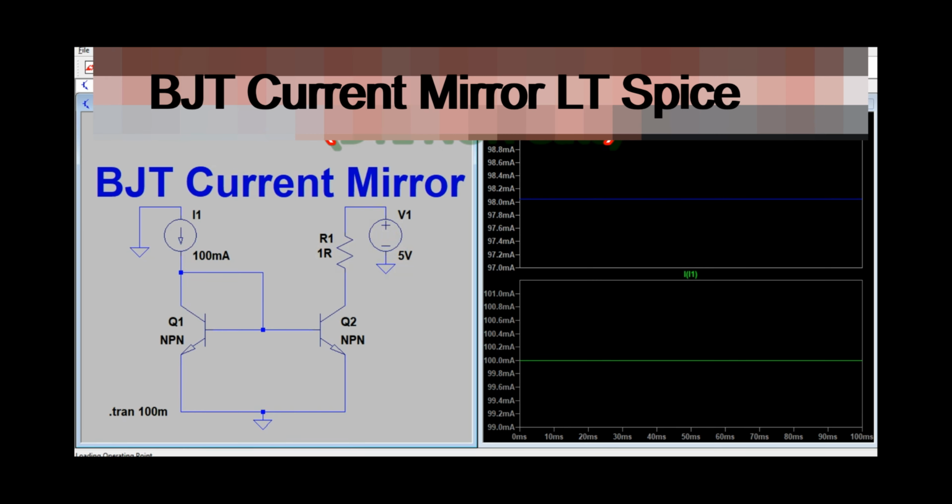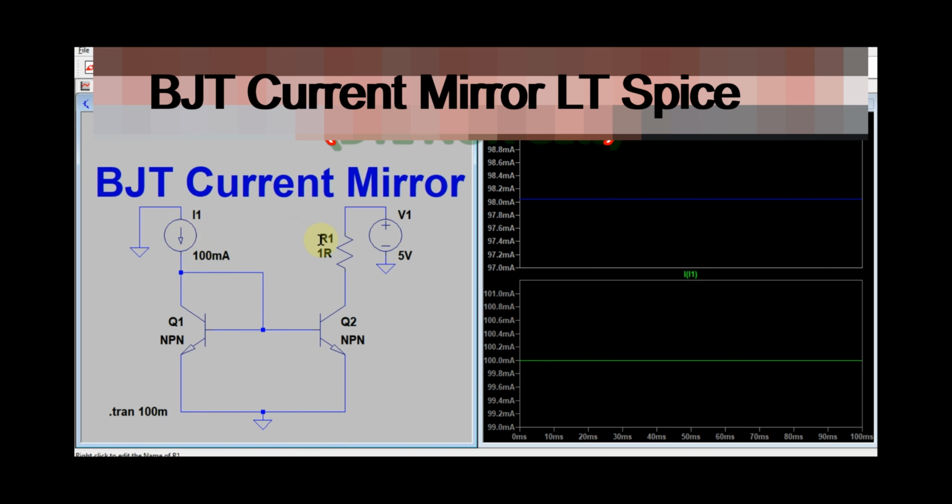Let me run the simulation and show you the current flowing through this resistance R1, and you can see the current remains constant even if you are increasing the load, that means lowering the resistance value R1. This means the current mirror circuit is working. The current flowing through this branch I1 is equal to IR1.